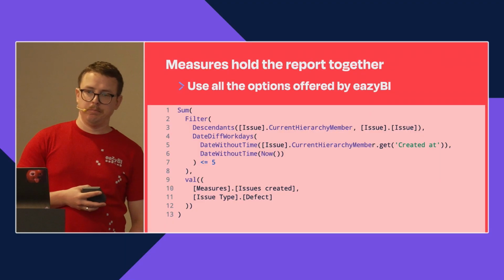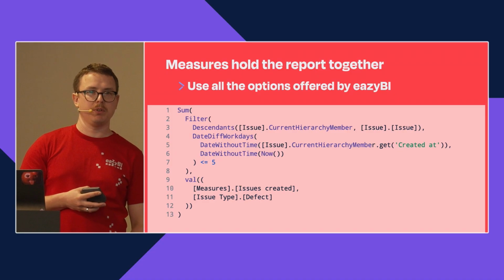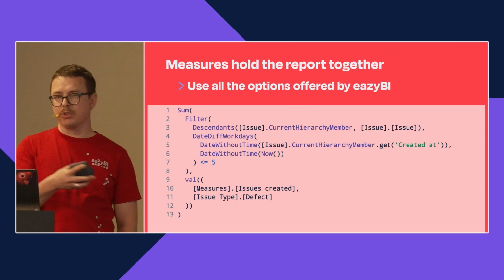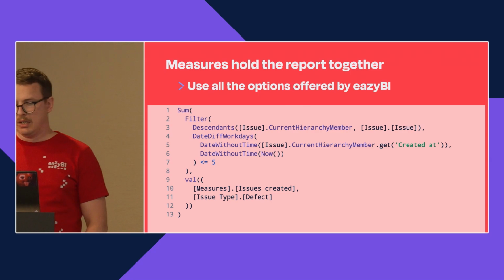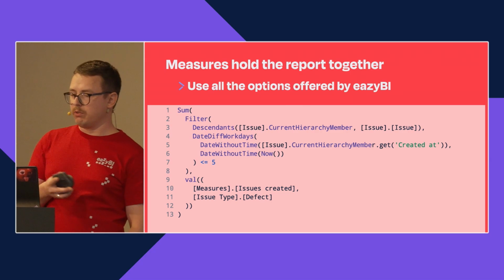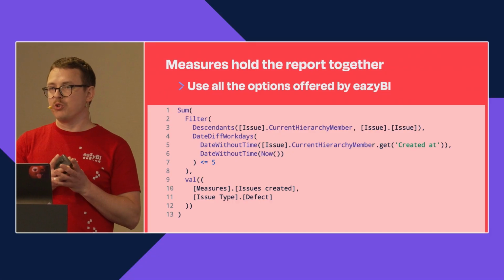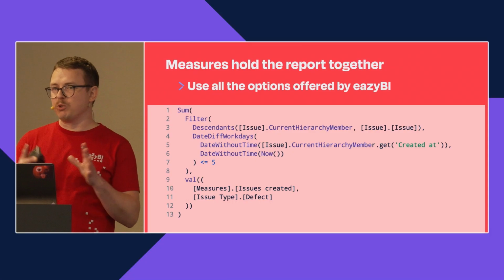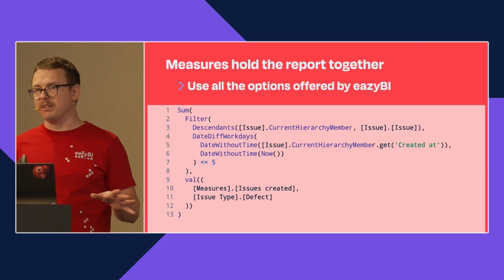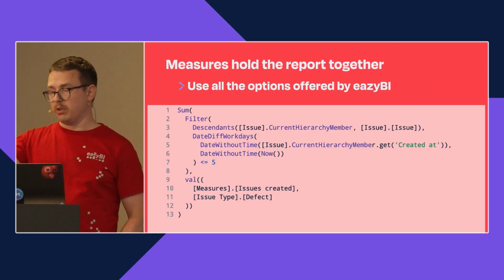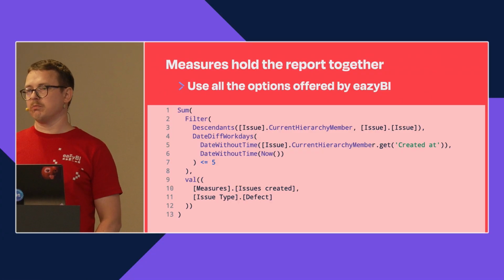And another one is use all the options eazyBI offers you. For example, in this case, instead of iterating through issues, go use the age interval. Not a lot of users know of these sometimes hidden options, like issue cycles and also issue closed statuses.